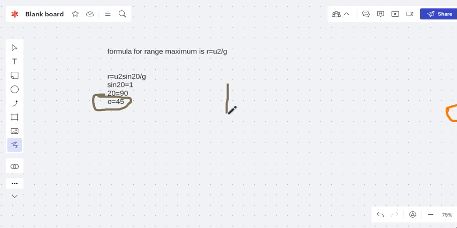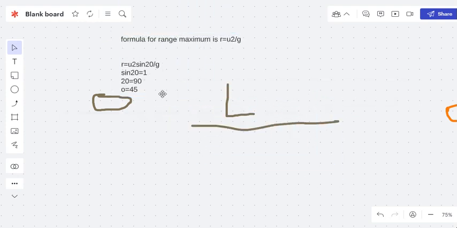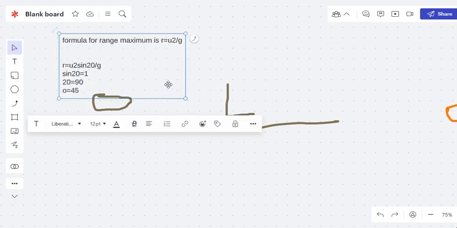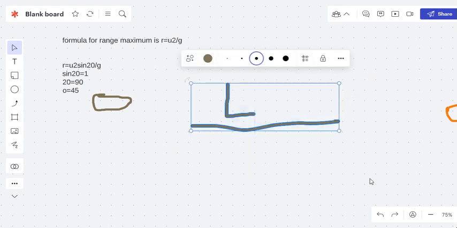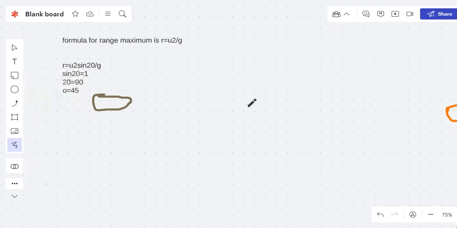Let's make an angle here. This is something like this. This is the projectile path.